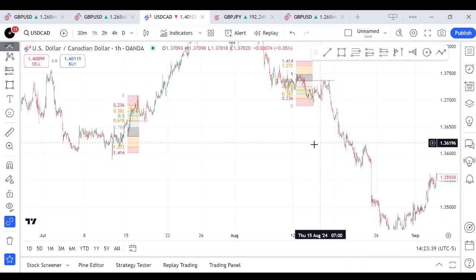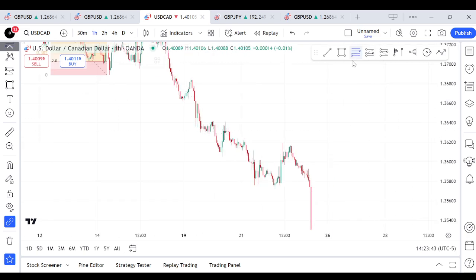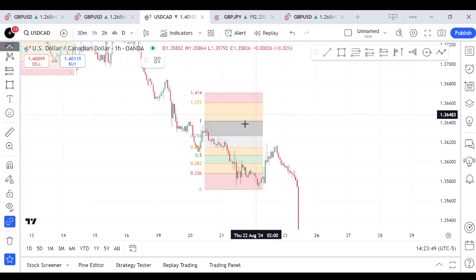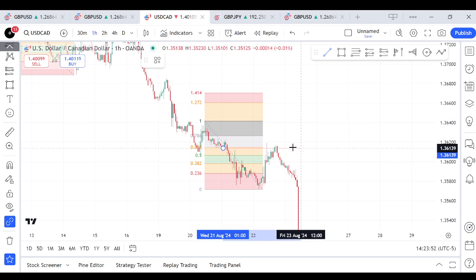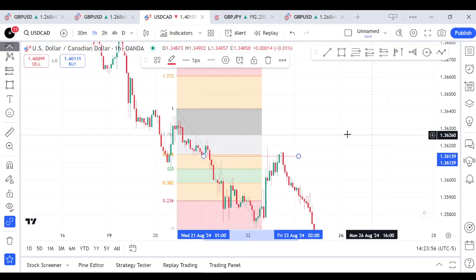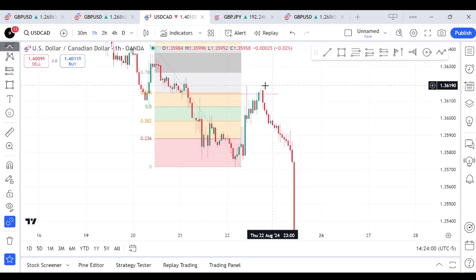Let me check for another example. You can see this one here had this from this swing high to the swing low, and you can see price reacting off the 61.8% level. Zoom in a little bit so that you can see that this is the 61.8% level, and you see price reacting off of that.